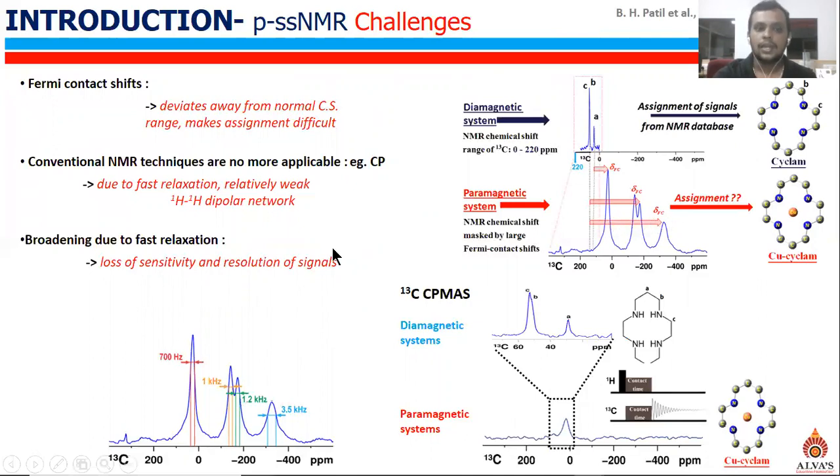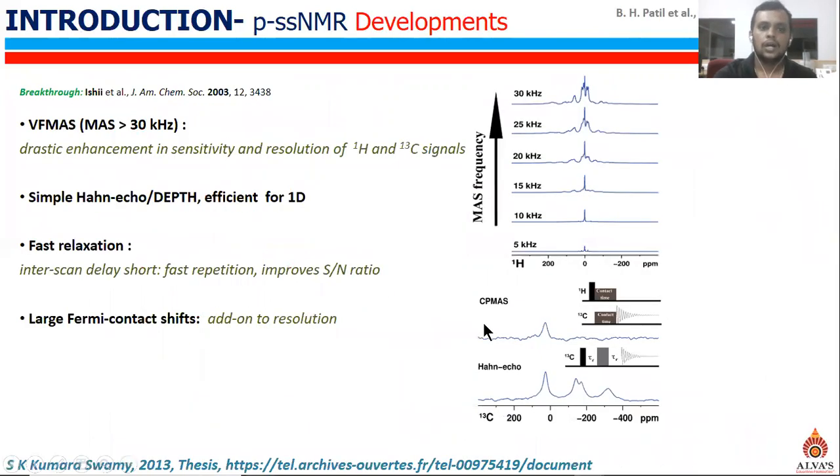Because of this, the conventional NMR techniques are not applicable, due to fast relaxation, the relatively weak proton-proton dipolar network, and loss of sensitivity and resolution due to broadening from fast relaxation. Ishii and co-workers in 2003 spun the sample at more than 30 kilohertz to enhance the sensitivity of the proton and carbon signals drastically.